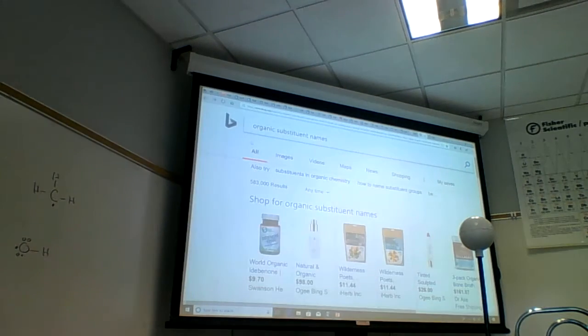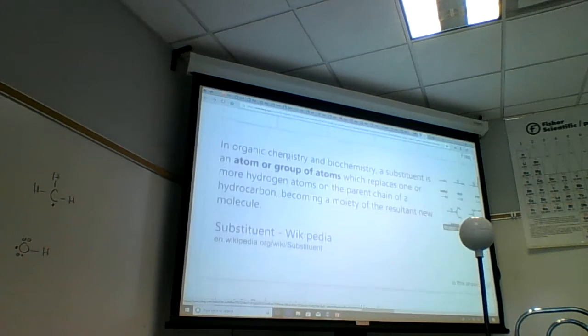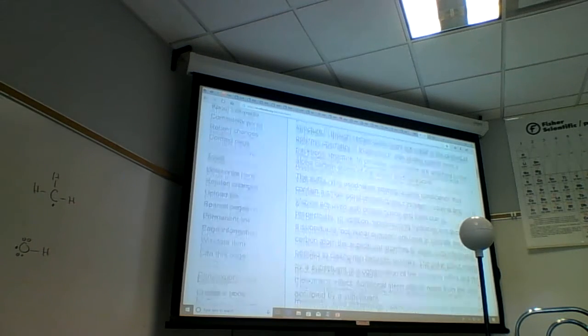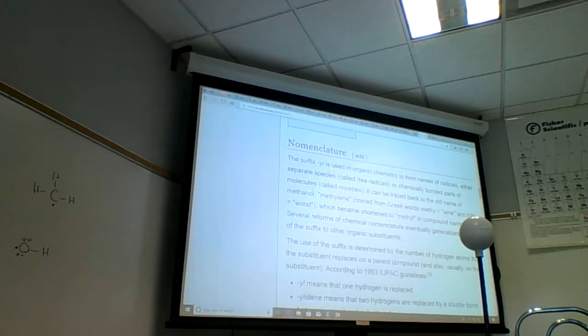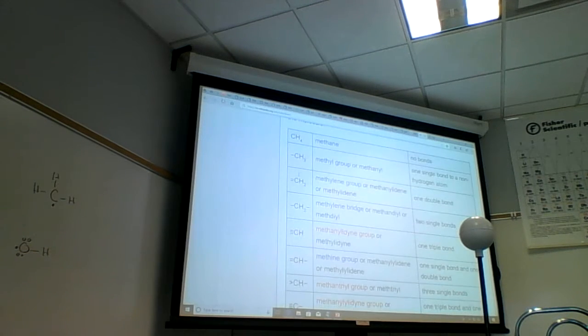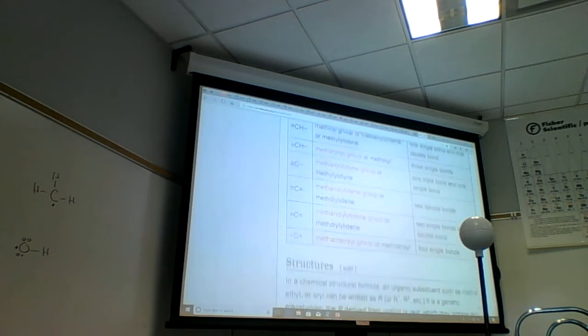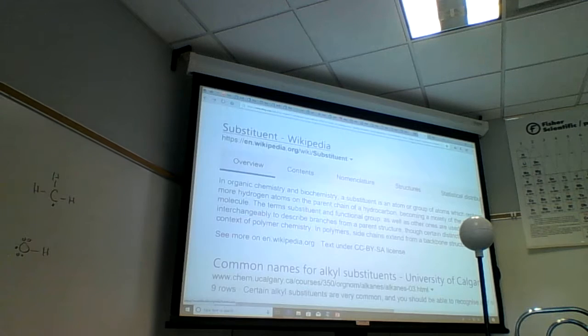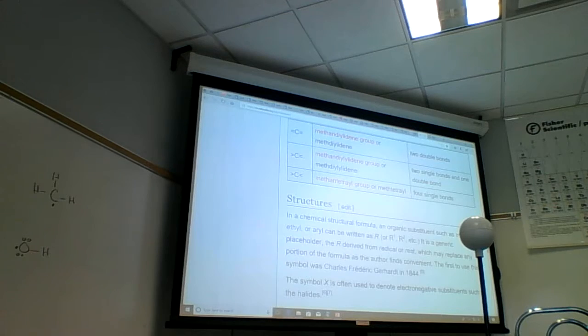There are others here. It goes on. You know, we have methylene groups, methylene bridge. But those are not really substituents, those are structures. Let's see if I can find it. Ones with the halides.